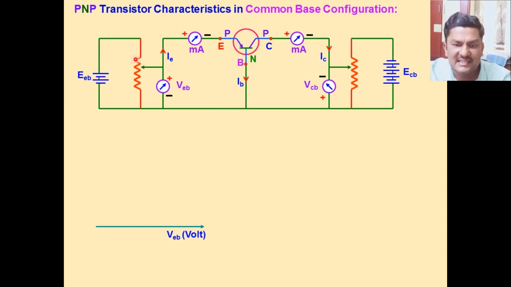This is the battery, and this is the rheostat. The purpose of the rheostat is that we can change the resistance value. If we change the resistance value, there is a change in the current.